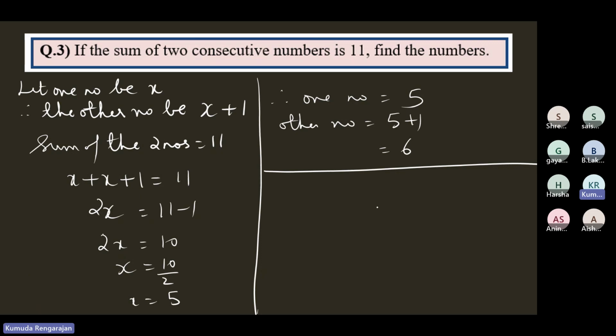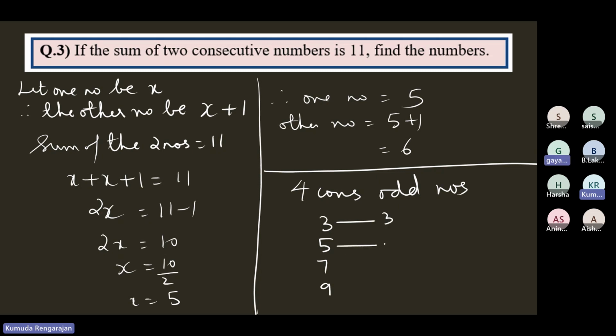Now tell me, how do you assume 4 consecutive odd numbers? Now tell me 4 consecutive odd numbers, class. Ma'am, 3, 5, 7, 9. Okay, Gayatri. So 3 is 3.